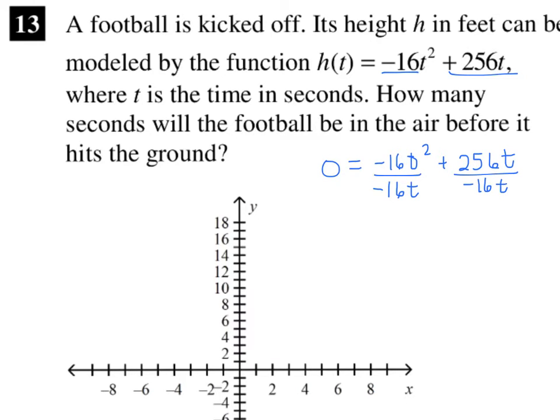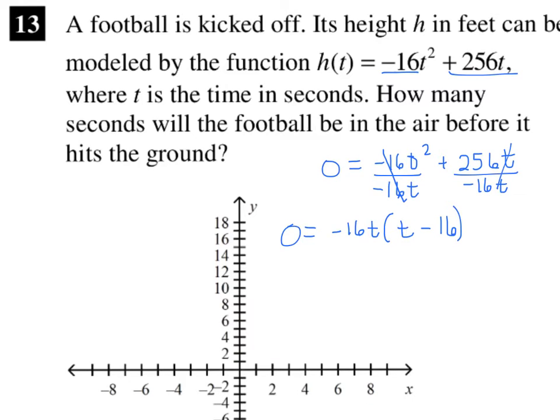So we divide by the GCF, write it out front, and write the leftovers next to it. So all of that cancels out except for 1t. 256 divided by negative 16 is negative 16, and those t's cancel out. So that all equals 0.